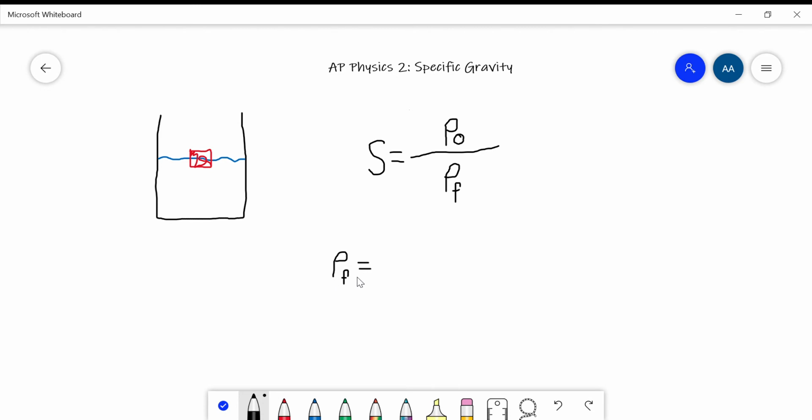And so let's say it's water. Then what we're going to have is 1,000 kilograms per meter cubed. And some of you might be confused.